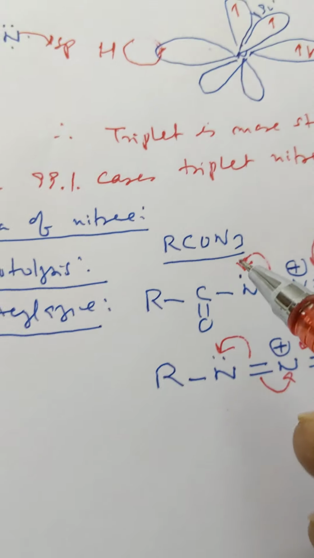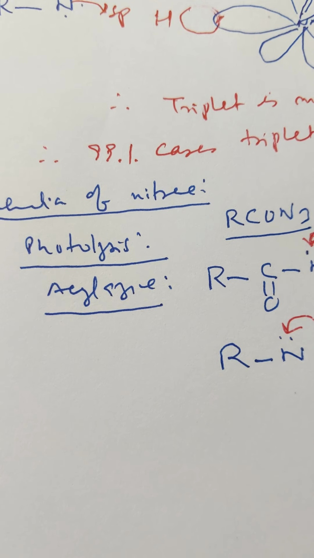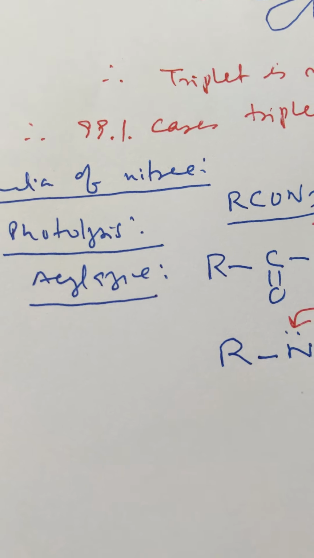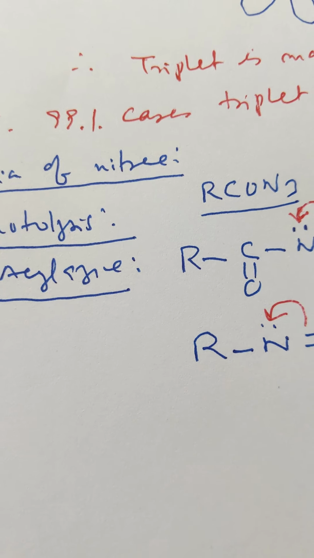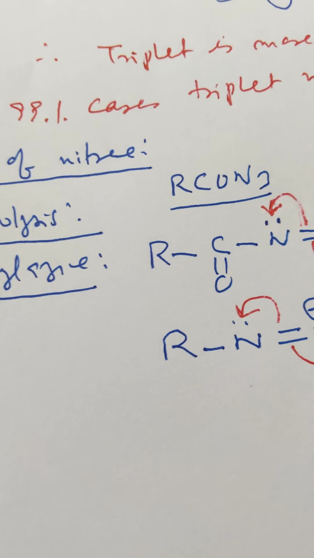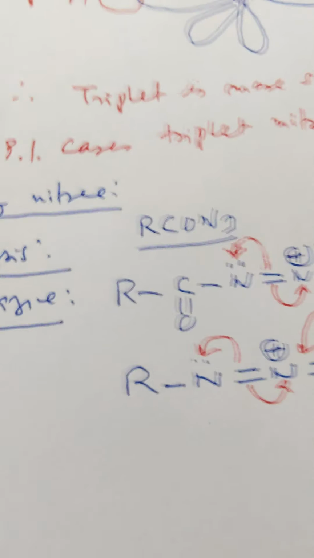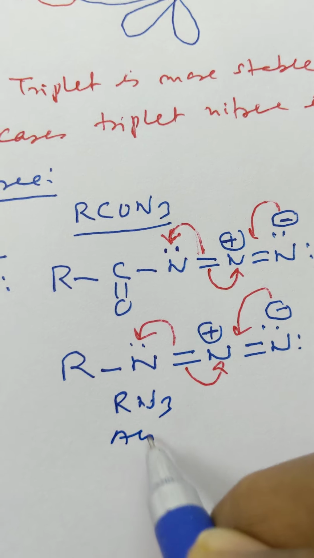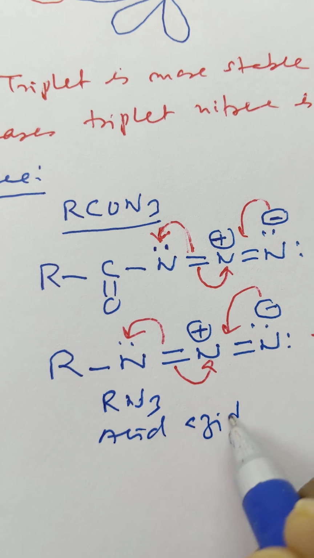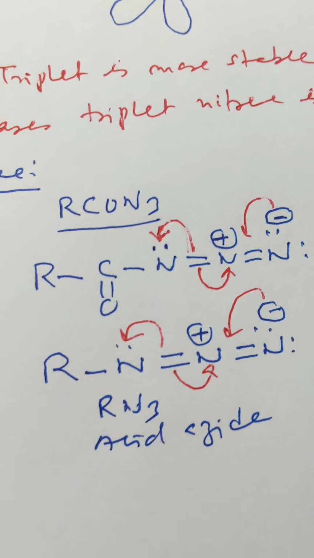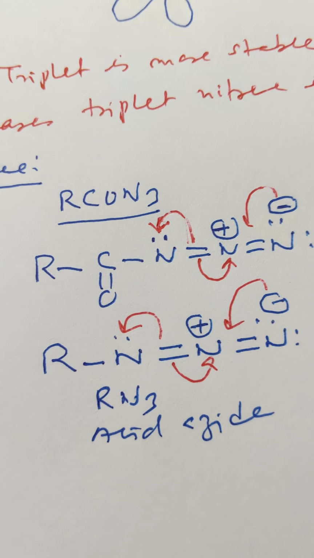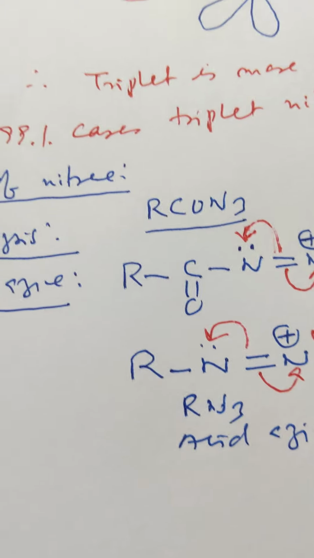Okay, this is the very common method of formation of nitrenes, by heating or by light of acid azides or acyl azides. This is called acid azide, RN3, and these are called acyl azides. Many reactions we come across in our study show how they are formed.